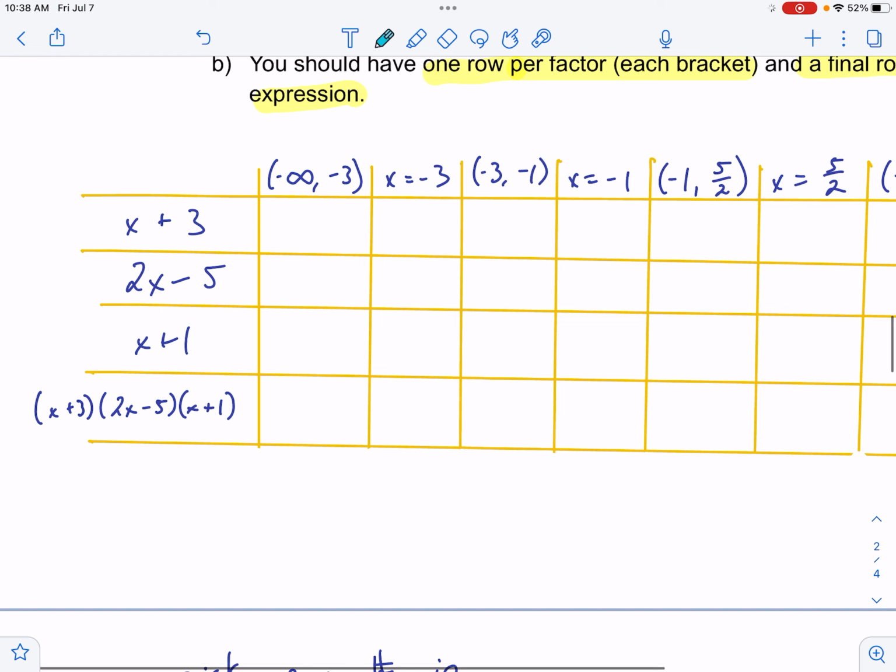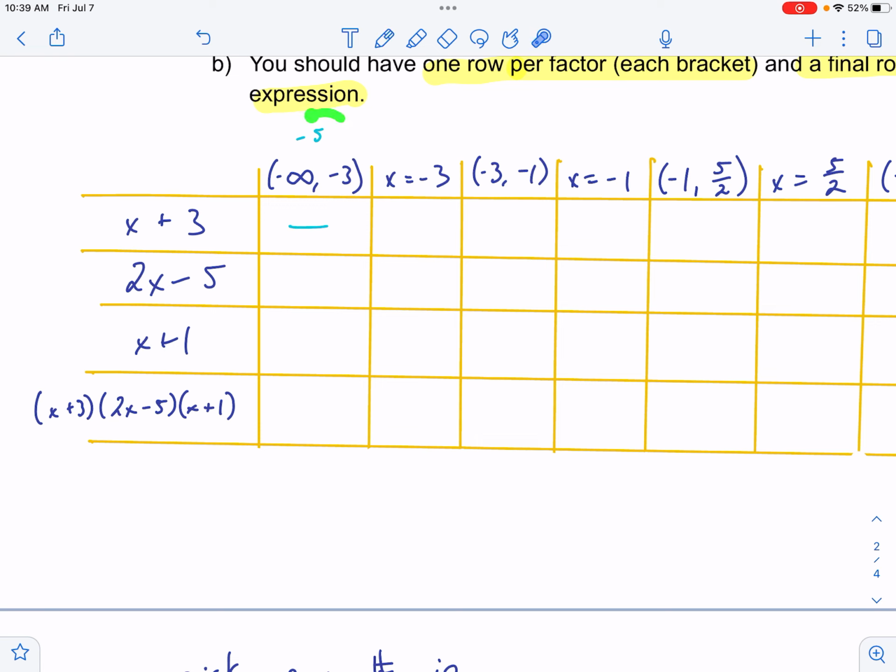So our first column is anything between -∞ and -3. Any number. I'm going to pick -5. -5 fulfills that. When I substitute -5 into x plus 3, my answer is -2. It's a negative.